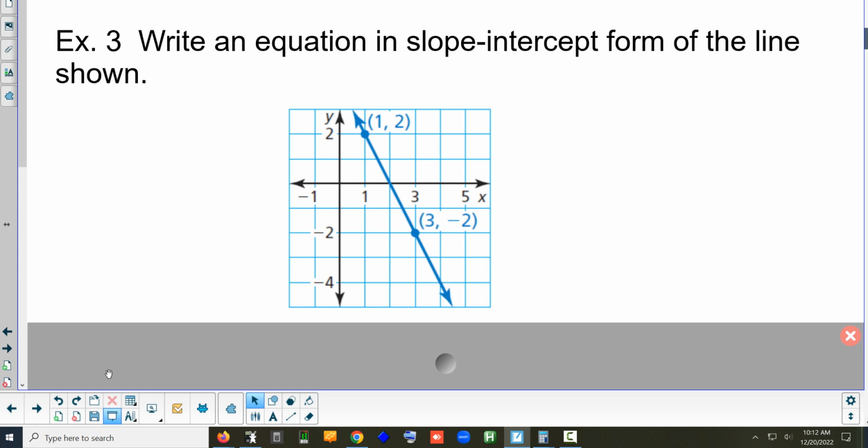There's no number with 0. It looks like the number with 0 would be off the grid, so we can't really tell where it would be. They didn't give us a number with 0. So if they don't give you a number with 0, then you're not going to be doing what we learned yesterday because you don't know B. You're going to have to do what we learned today.